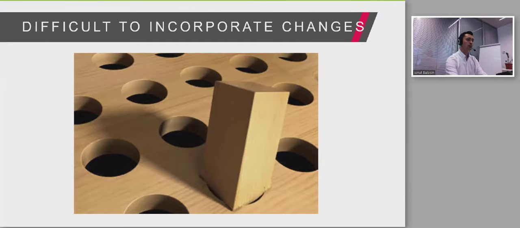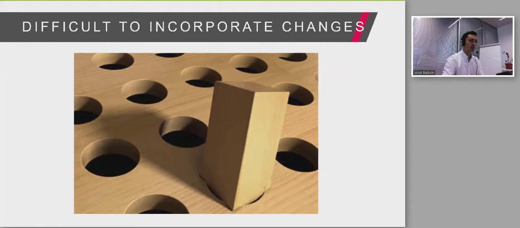The first one is when you have features to incorporate in your project, those features could be very hard to integrate, because, for example, you want to add something and you change something else, or you cause side effects. Or they couldn't be integrated at all because the product is not flexible and doesn't allow that.